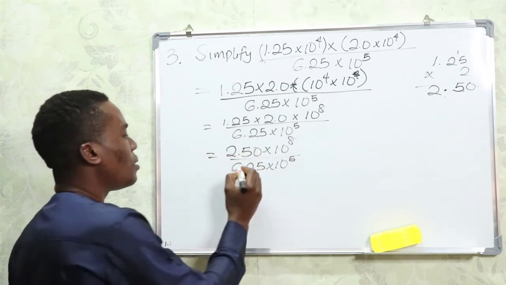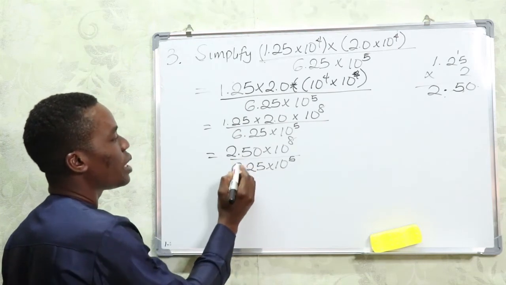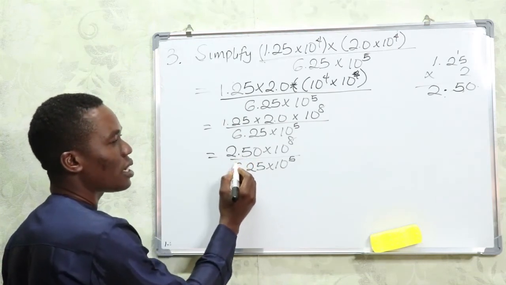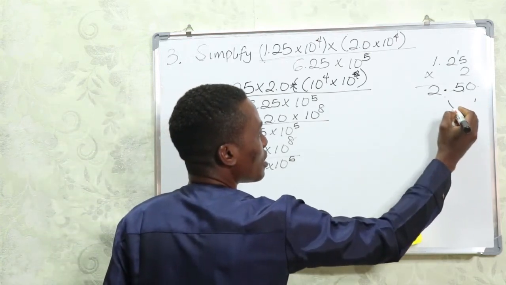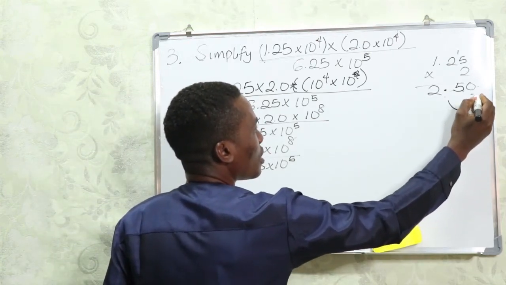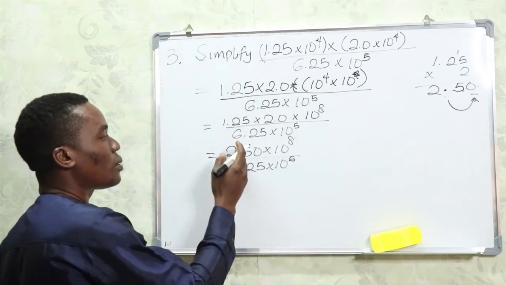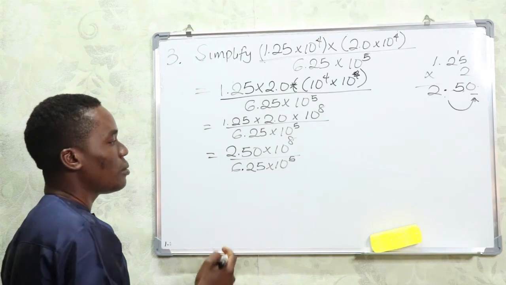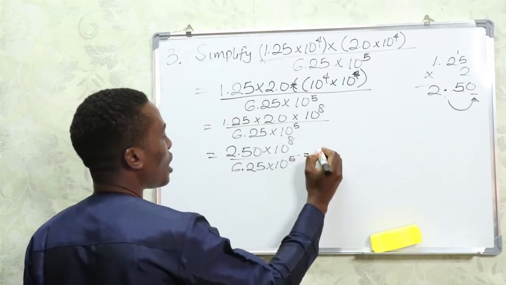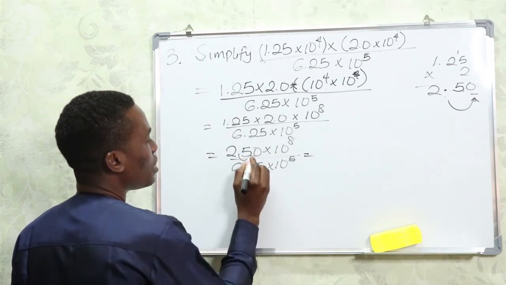Now, remember, since the point is here, we'll be counting from the left hand side to the right hand side, and that denotes negativity. So if we do that, we are going to have 1, 2.